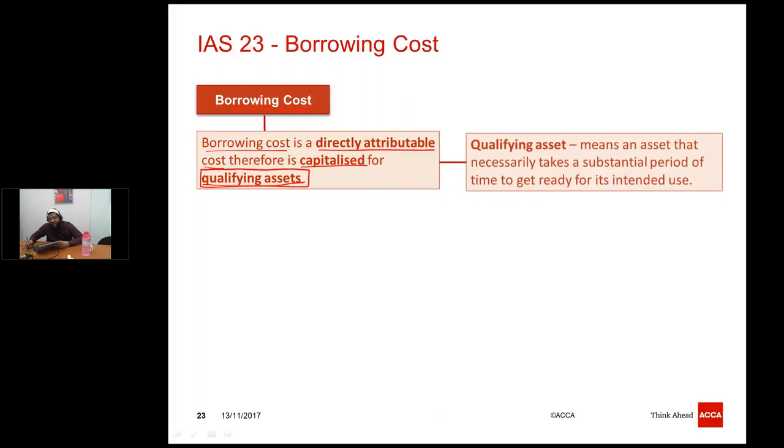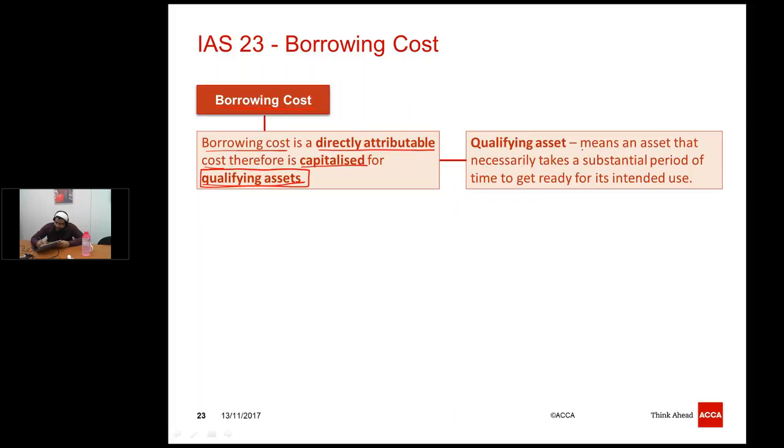Now what is a qualifying asset? Qualifying asset means an asset that necessarily takes a substantial period of time to get ready for its intended use. Now the substantial period of time is not defined in terms of 1 year, 2 years, 5 years, 12 months, 6 months, 8 months.